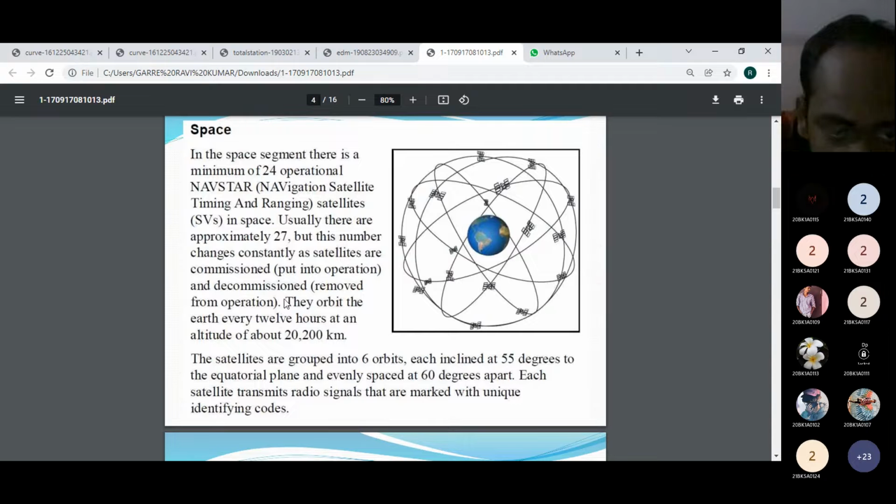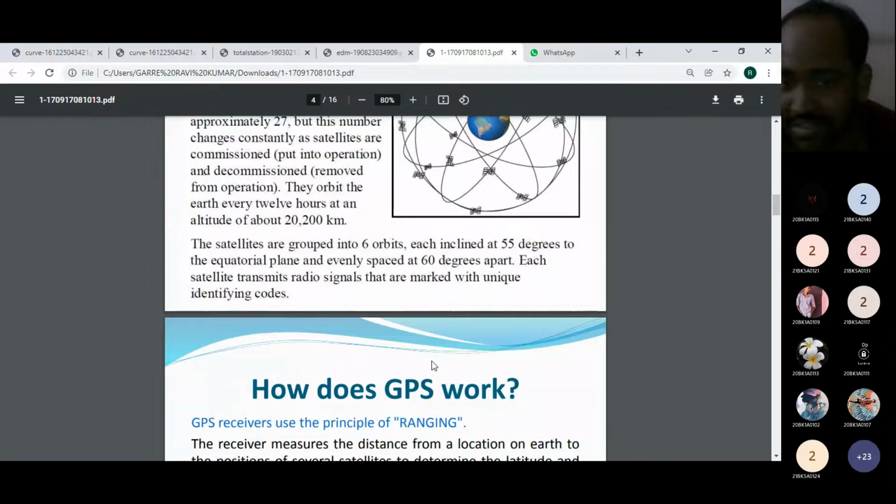The orbit in which the satellites move is about 20,200 kilometers away from the earth surface. These satellites are grouped into 6 orbits, inclined 50 degrees to the equatorial plane and evenly spaced at 60 degrees apart. So this is the data.